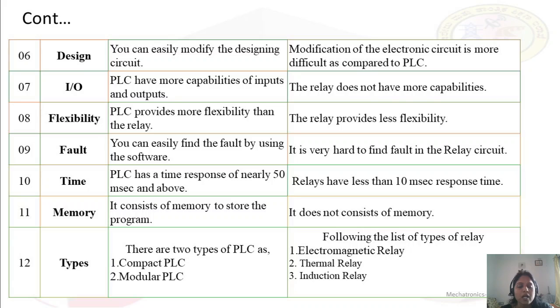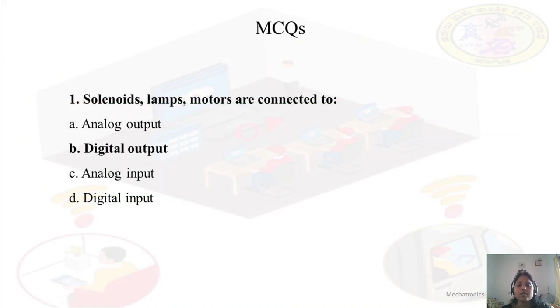The scan time of the relay logic is also more compared to the PLC. So I think now you got the difference between relay logic control and PLC logic control. Now we'll solve some multiple choice questions based on this.